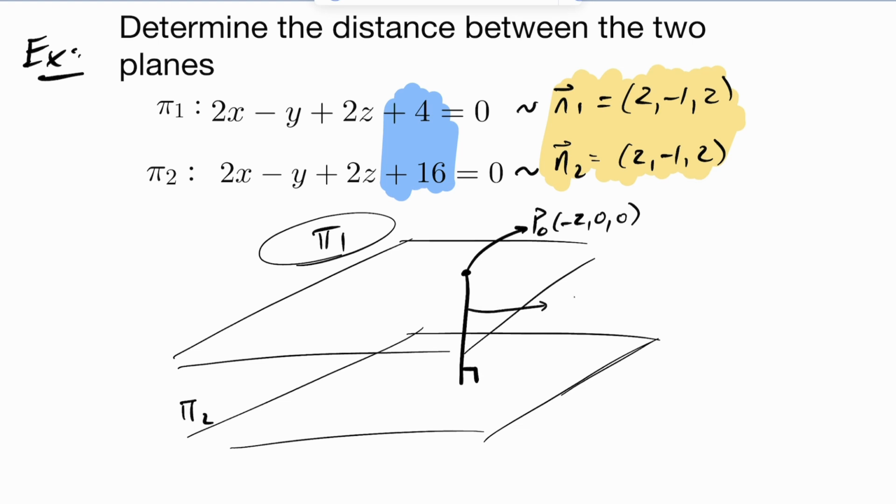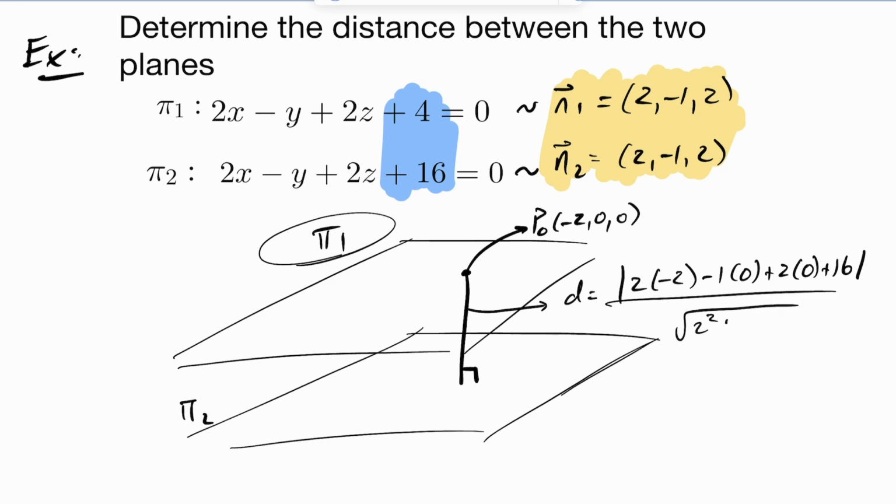So this is exactly equal to the absolute value of my a value times my given x coordinate, plus my b value times my given y coordinate, plus my c value times my given z coordinate, plus the d value, which is 16, all over the square root of 2 squared plus -1 squared plus 2 squared.